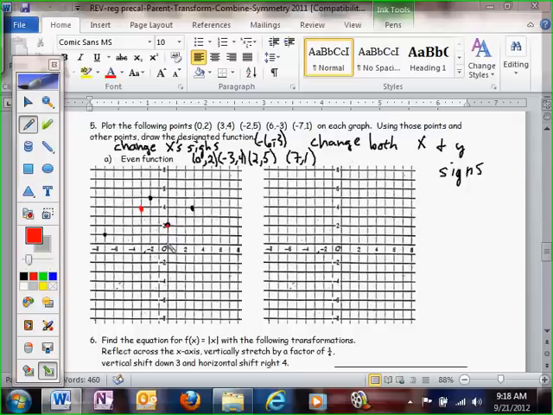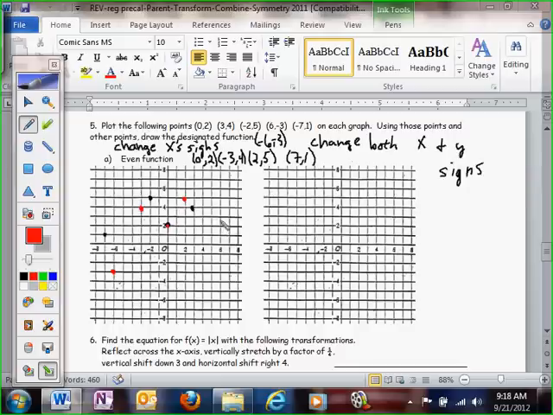Now I have 2, positive 5. It's symmetrical over here. Now I have -6, -3. And I am noticing that I made a mistake. Where did I put 6, -3?